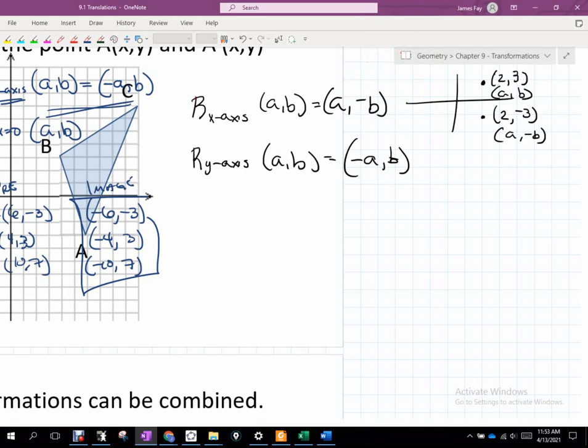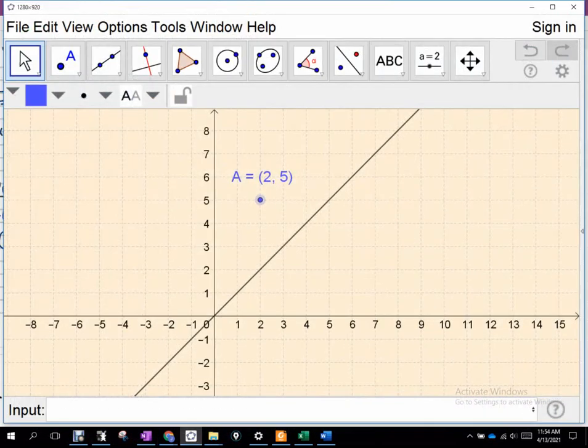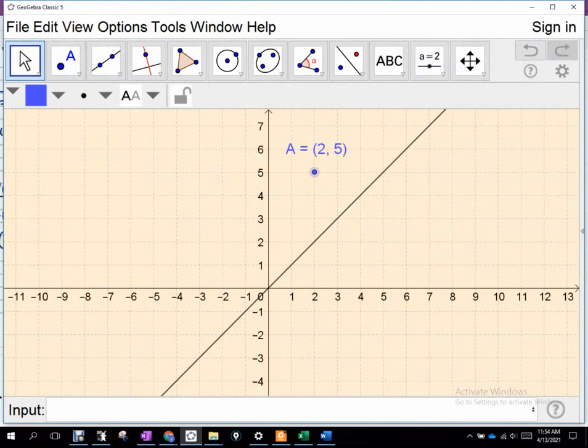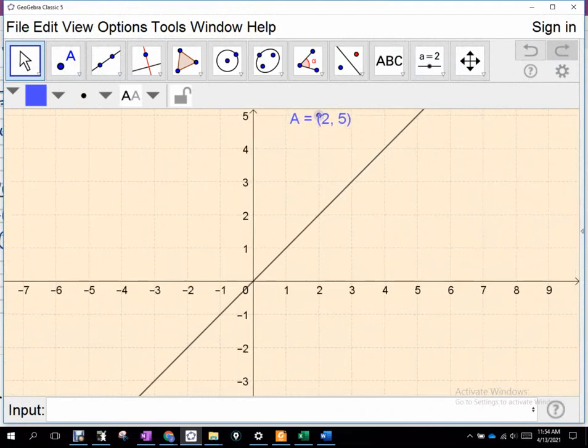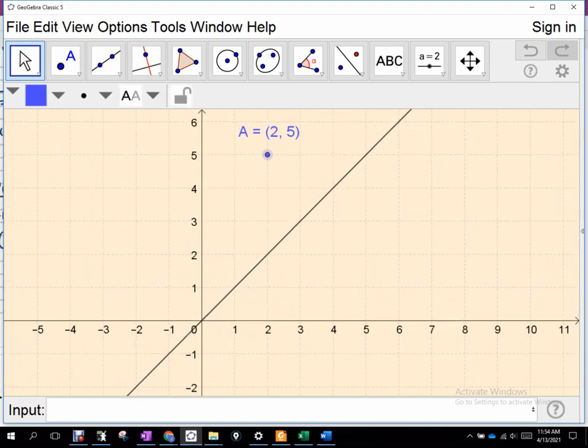There are some other lines that we want to reflect across. One of them is this line right here. Does anybody know what the equation of this line is if it's going through (1, 1), (2, 2), (3, 3), (4, 4)? It is up 1 over 1, so my slope is 1.